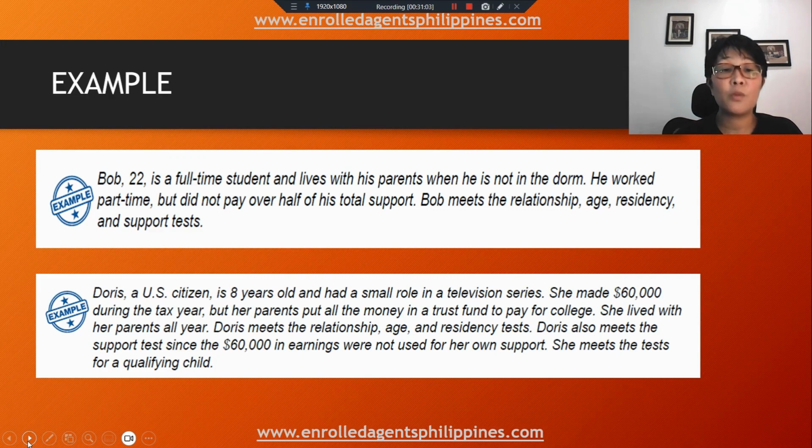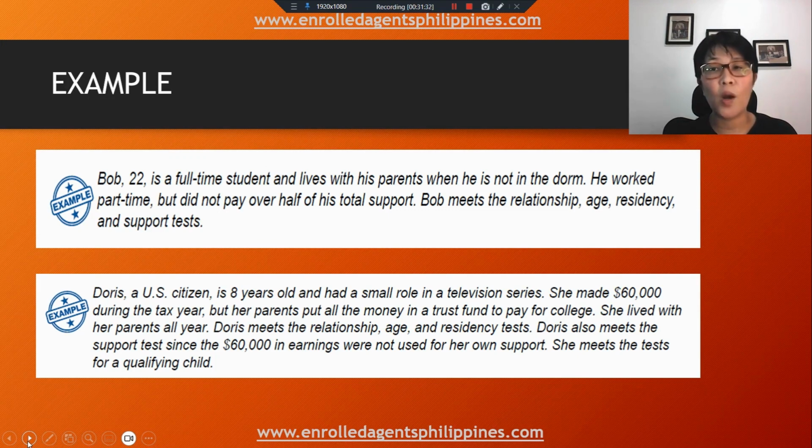Doris also meets the support test since $60,000 in earnings, no? Kahit na kumita na siya ng malaki. Ang laking pera na nun, guys, no? Yung $60,000. Kaya lang, hindi naman niya ginamit for her own support. No? Kumbaga, nilagay ng parents niya sa trust fund. No? Para paglaki niya, gagamitin niya sa college. So, kahit na kumita siya, no? Pwede pa rin siyang i-claim ng parents niya as dependent. No?